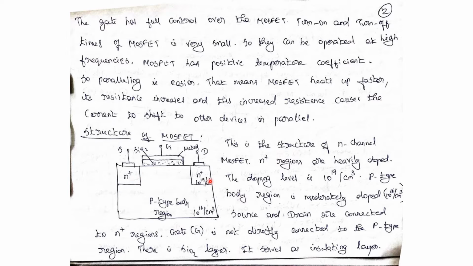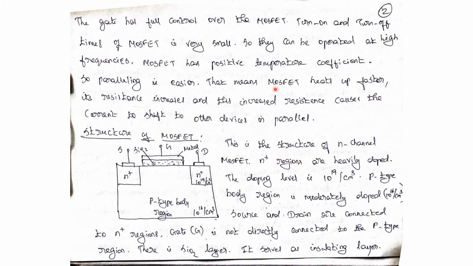Here, the N regions are connected with the source and drain. Gate is also there, but the gate is not directly connected to the P-type body region. Between gate and P-type body region, there is a metal oxide layer, I mean silicon dioxide. This serves as an insulating layer.